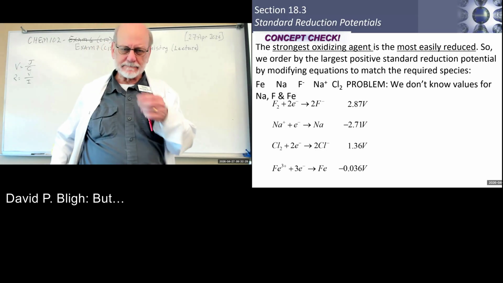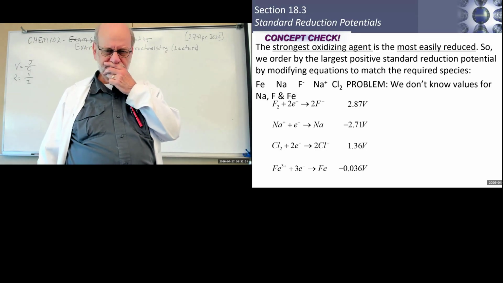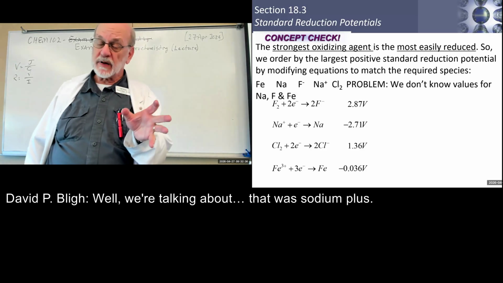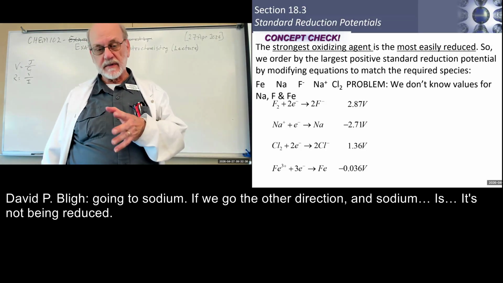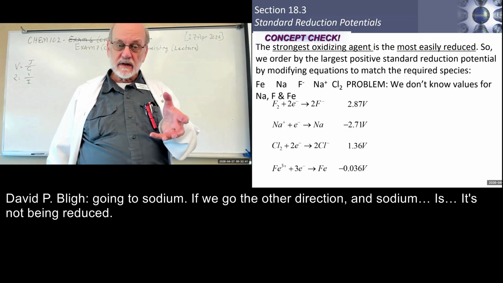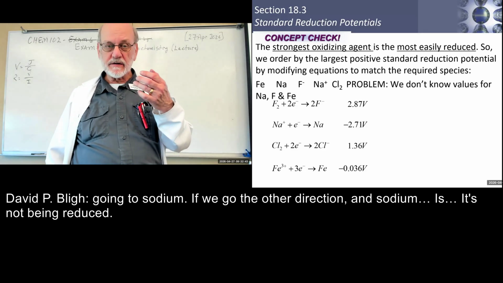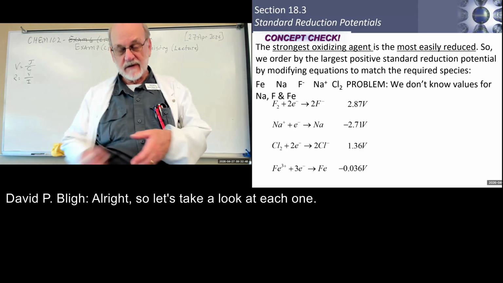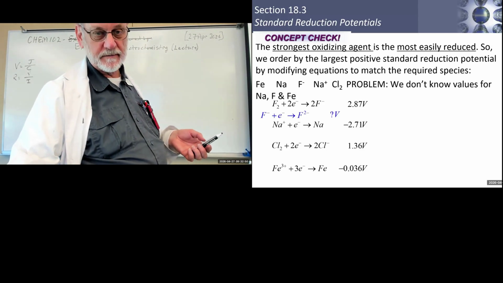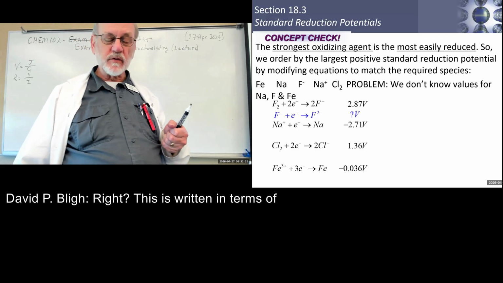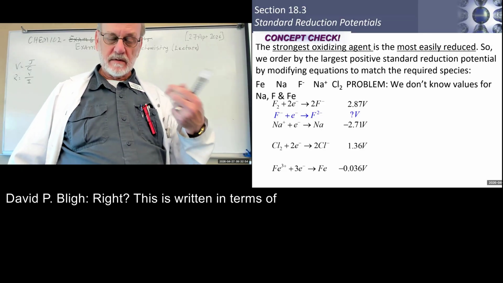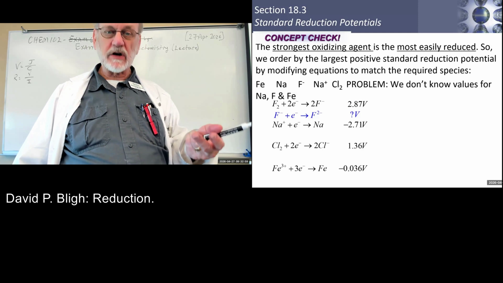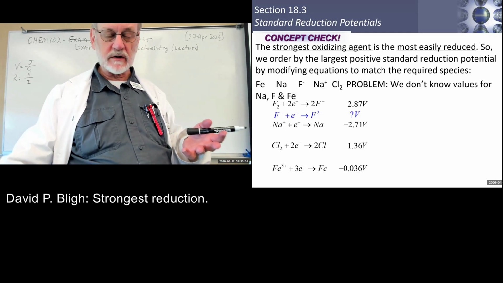But when we're talking about that, that was sodium plus going to sodium. If we go the other direction, then sodium is not being reduced. So let's take a look at each one. This is written in terms of reduction, strongest reduction.